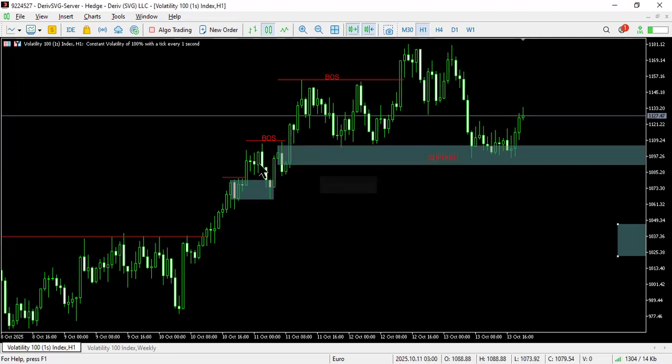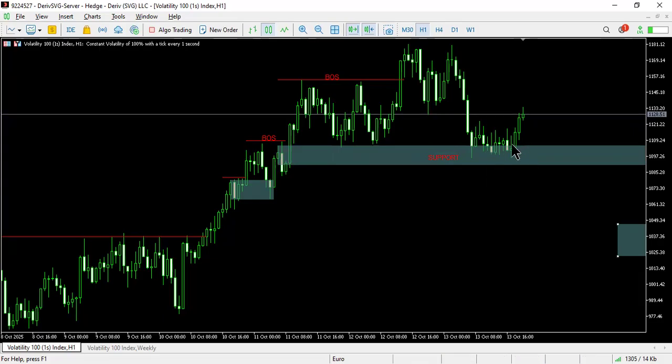As you can see, price broke structure and then it came back to tap into this order block, pushed up a bit, came back in again, and then it's now currently reacting from this order block.